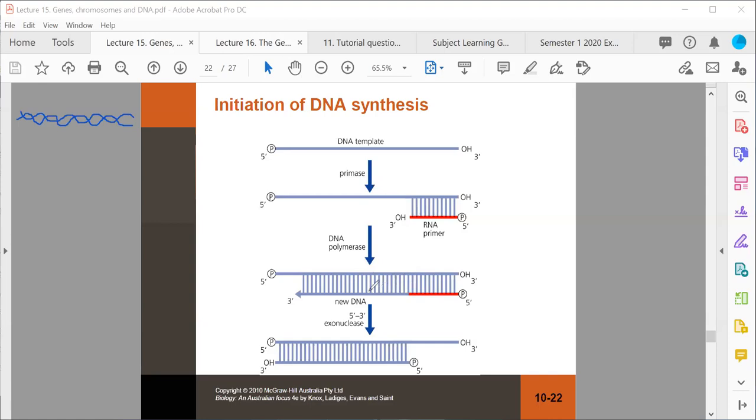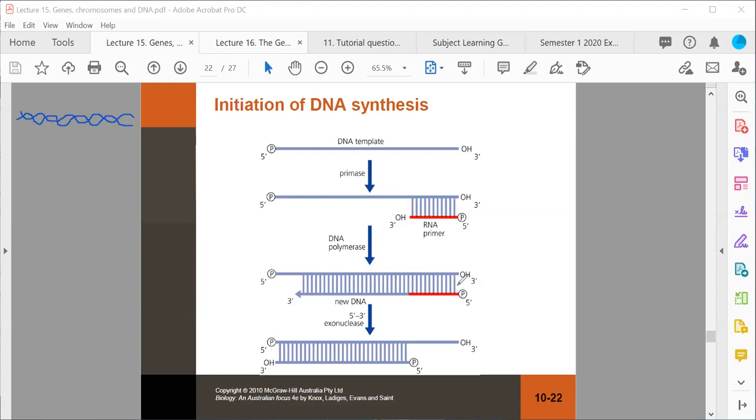And we can see the direction that it's actually moving in, synthesizing in a 5' to 3' direction. And this is called continuous replication, because the polymerase enzyme will just keep synthesizing without interruption in this direction here.